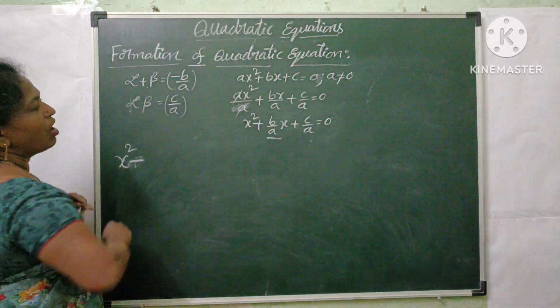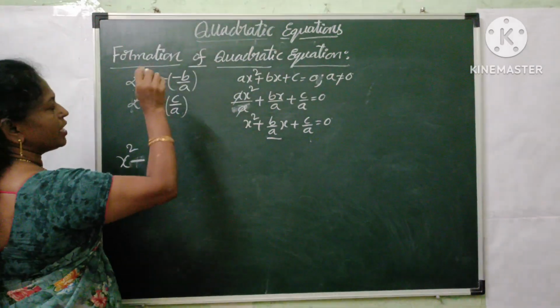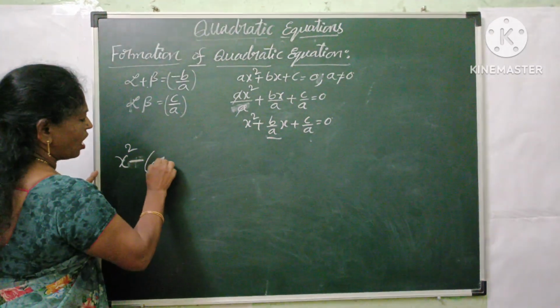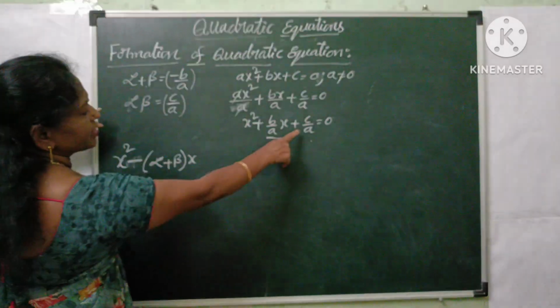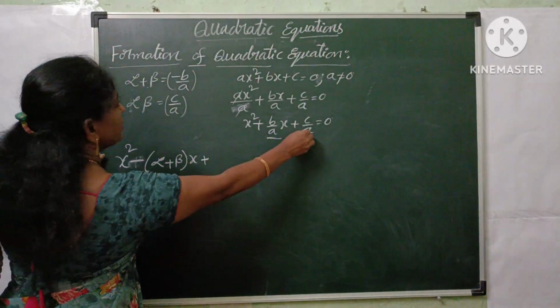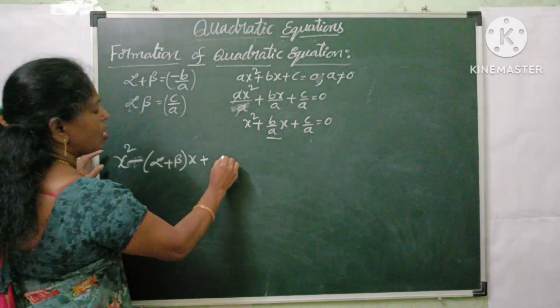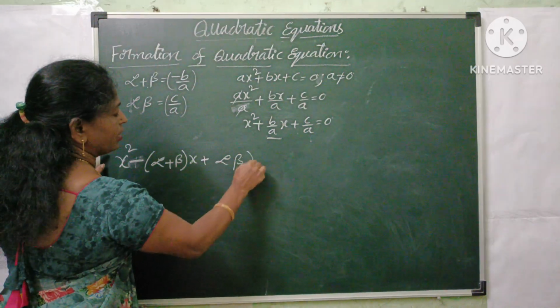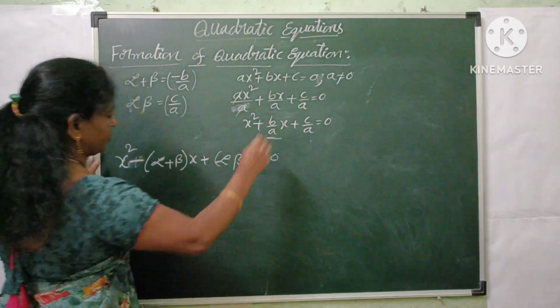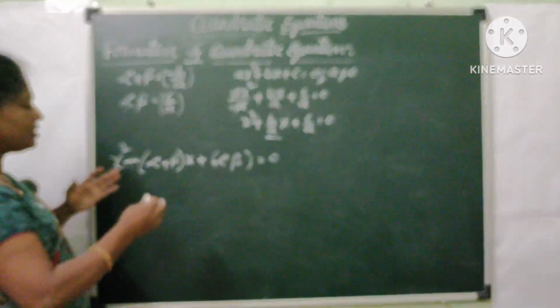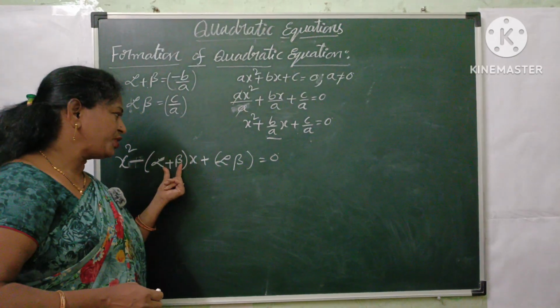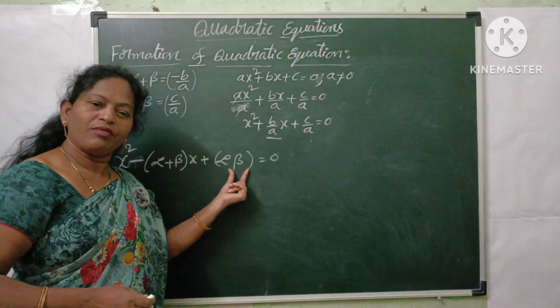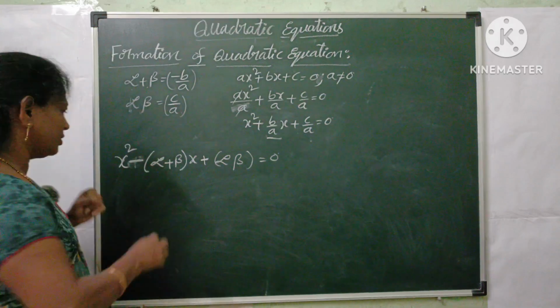Now see, x square plus minus b by a, already here it is minus b by a. So we have to write plus as minus. Why? Because here alpha plus beta, b by a is on the negative side. So alpha plus beta into x. Next plus c by a. C by a means alpha beta equal to 0. Then this is the formation of the equation. Here alpha plus beta is the sum of the roots and alpha beta is the product of the roots.